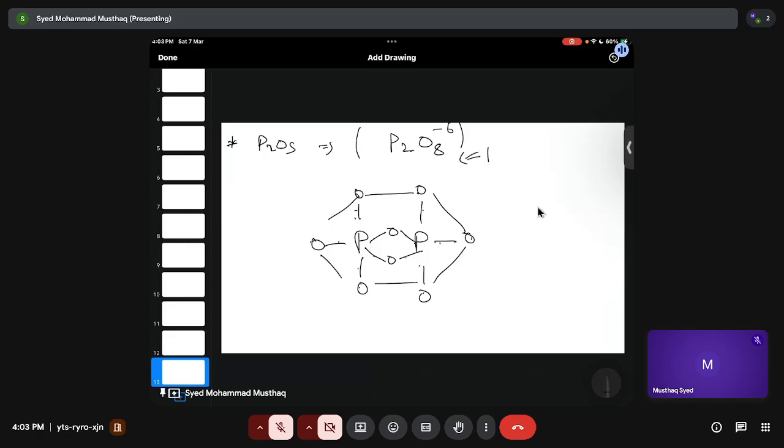Because your oxygen needs to be shared, right? So that should be kept in mind. So P2O5, how many oxygens are there? You have 8, right? So it should look like this. You can involve double bonds also, so there is no need for this.